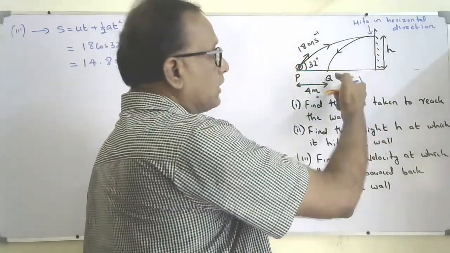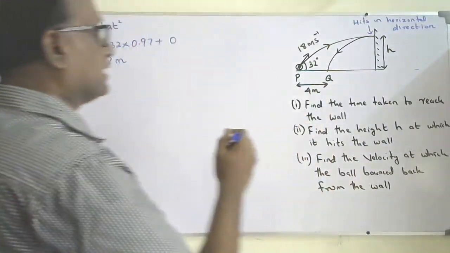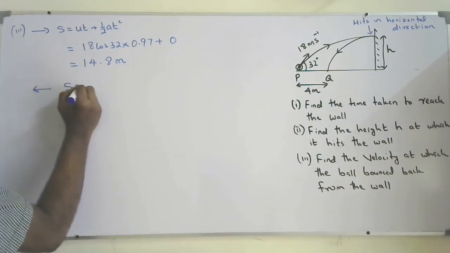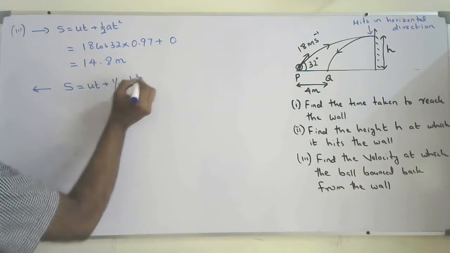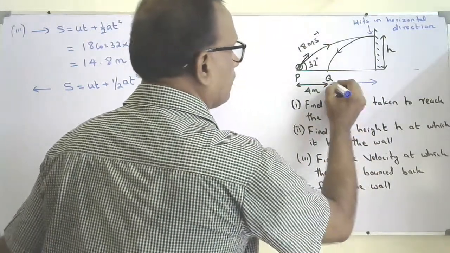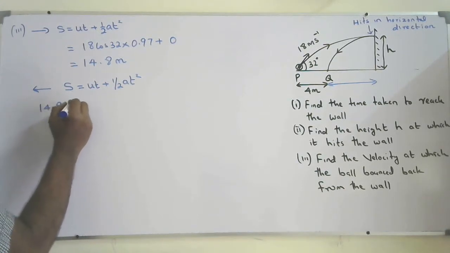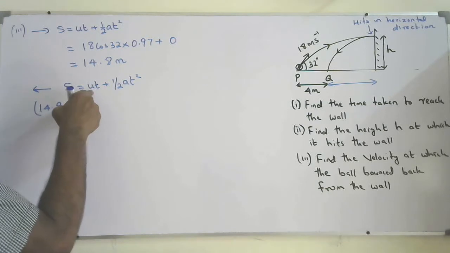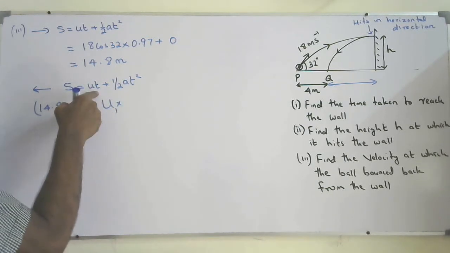So the horizontal displacement the ball bounces back will be 14.8 minus 4, right? So I'm going to use horizontally again towards left s equal ut plus half at squared. So the horizontal distance this much, the ball bounced back, that will be 14.8 minus 4. That's the distance it's traveling horizontally. The velocity at which it's bouncing back, I can call u1, into the time is same.